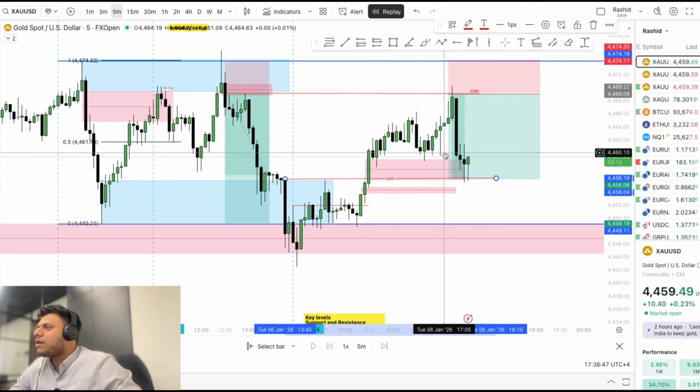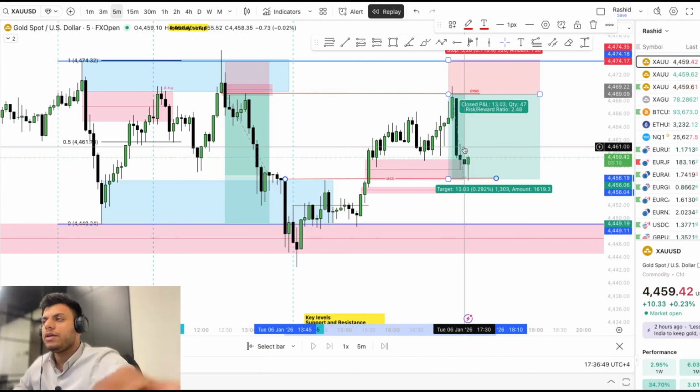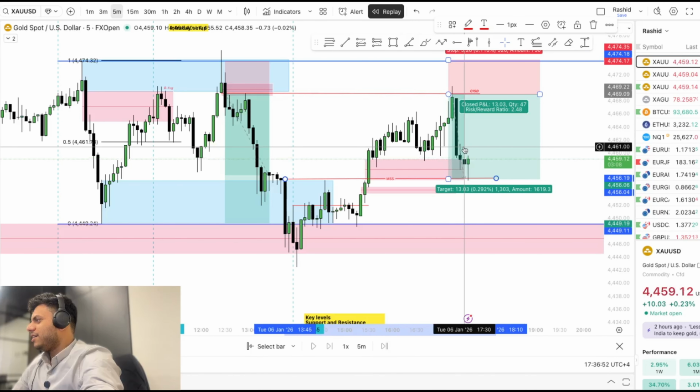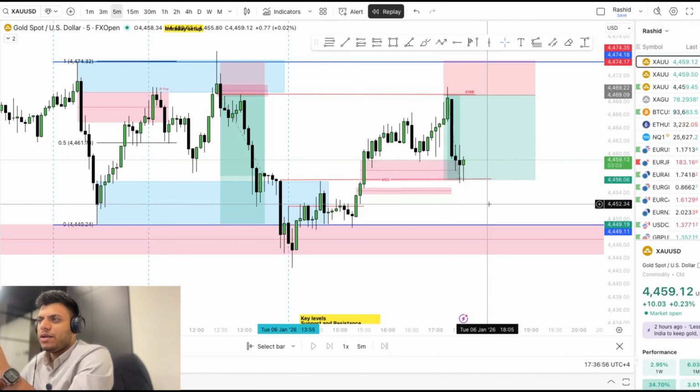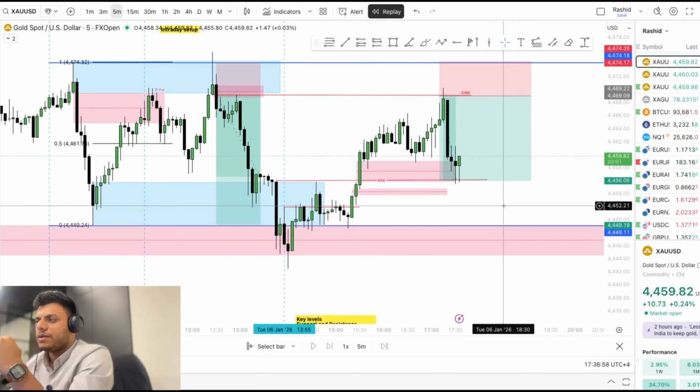Right now the current market is running. The overall structure is fine. Maybe we can target this level as well, but it is fine. I'll be setting it to break even as well.